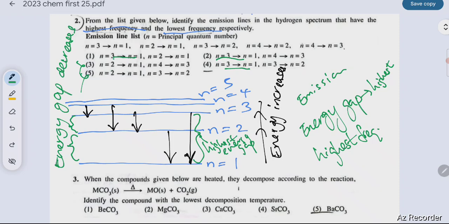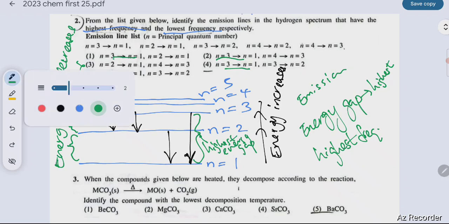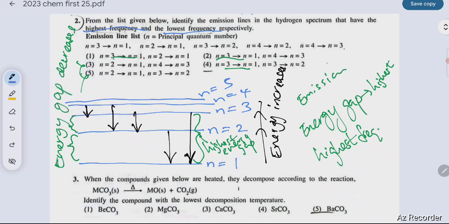Now, what is the emission line with lowest frequency? Lowest frequency line is the energy gap should be lowest, right? Then for the lowest frequency, energy gap lowest. So lowest frequency is seen in which, the lowest energy gap is seen in which line?